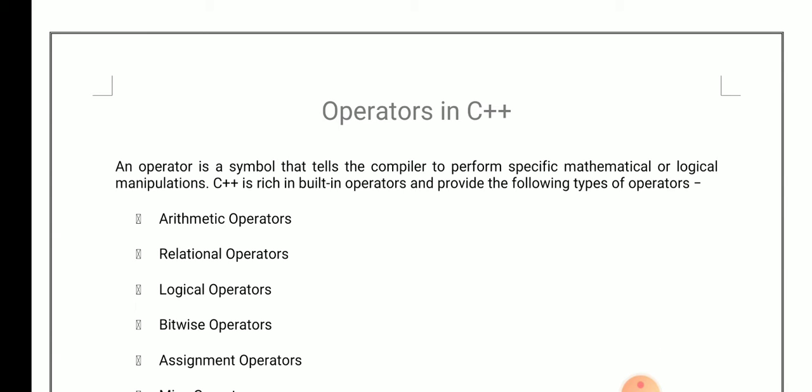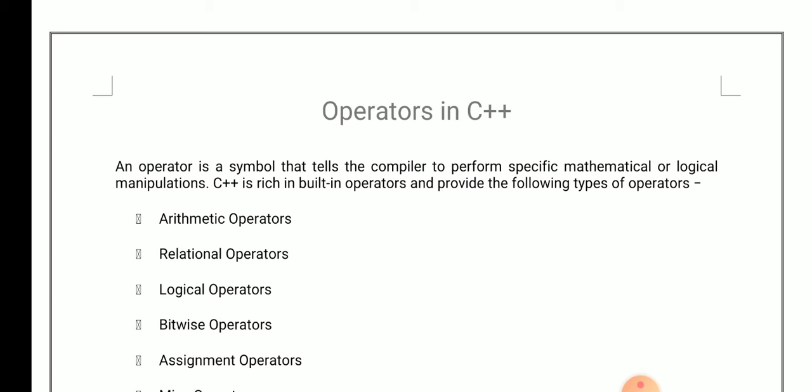Dear students, today we are covering various types of operators in C++. Before we start the types of operators, first of all we have a little bit of introduction regarding operators. Basically, an operator is a symbol that tells the compiler to perform a specific mathematical or logical manipulation.